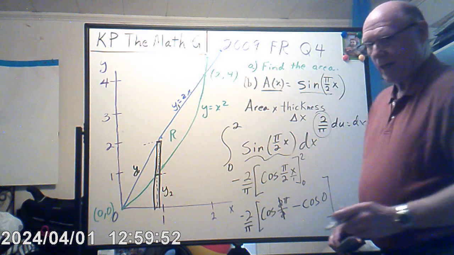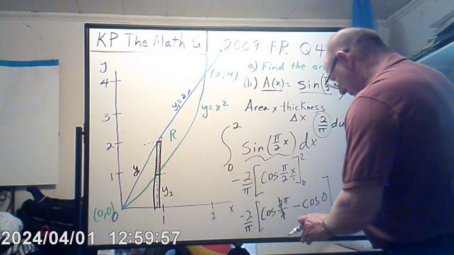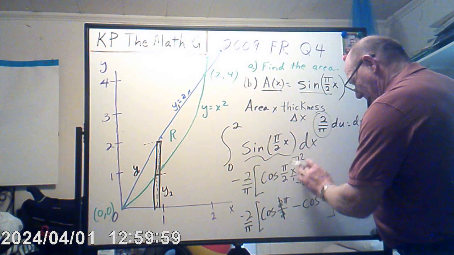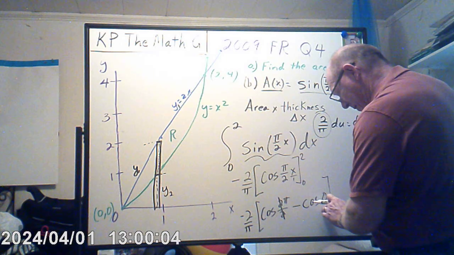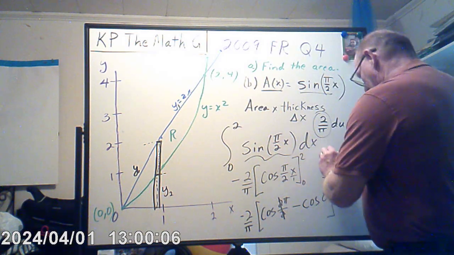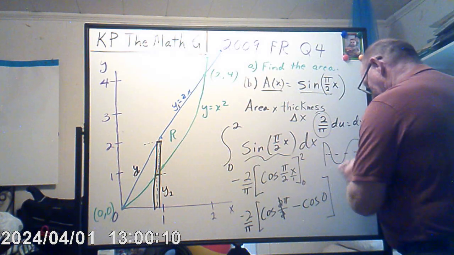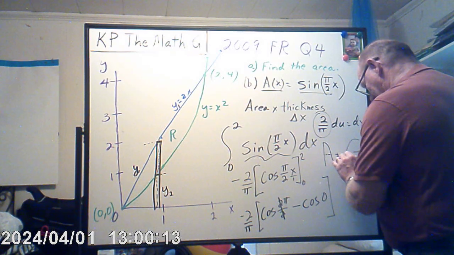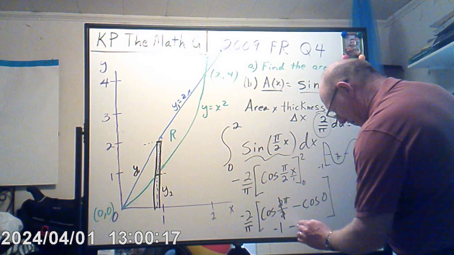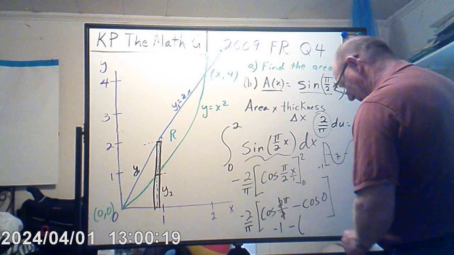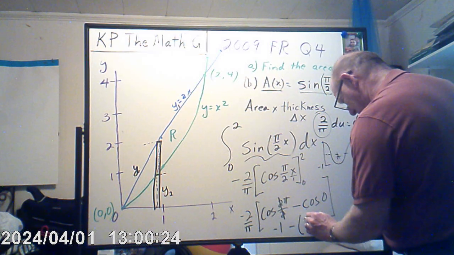I'm going a little bit faster because my battery is low, but I hope you can catch what I'm saying. Cosine of pi is negative 1, and cosine of 0 is 1.